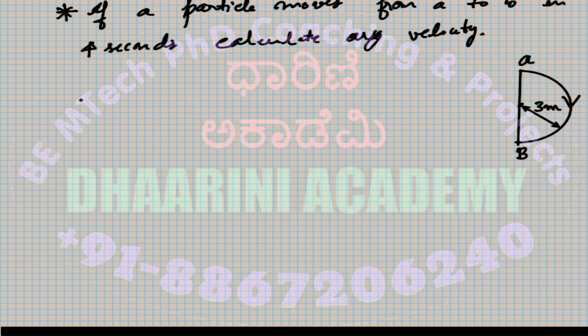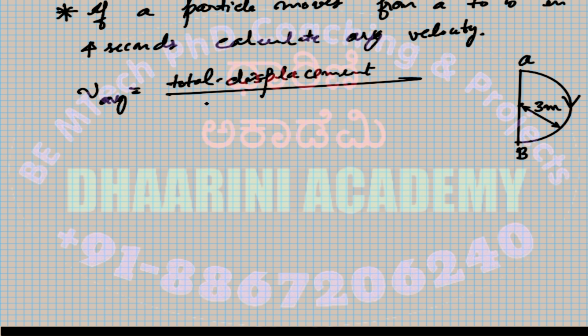So if you want to calculate V average, this is total displacement divided by the total time.